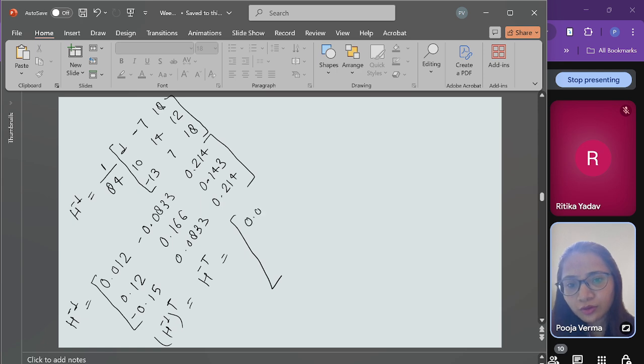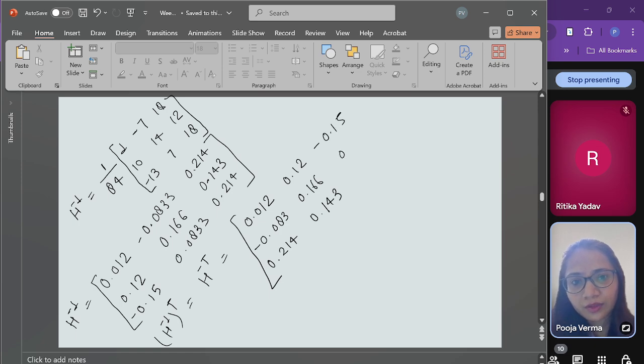So 0.012, minus 0.0833, 0.214, 0.12, 0.166, 0.143. Now minus 0.15, 0.0833, 0.214. Right? Now we have got H to the power minus transpose.